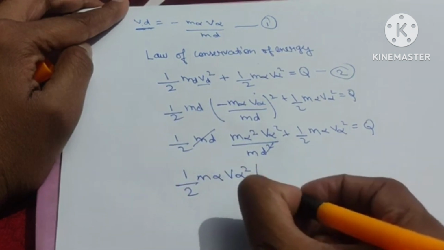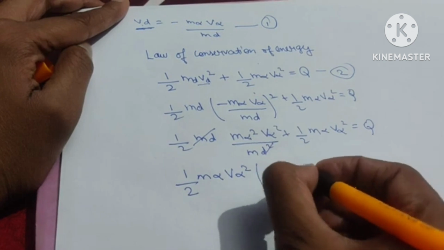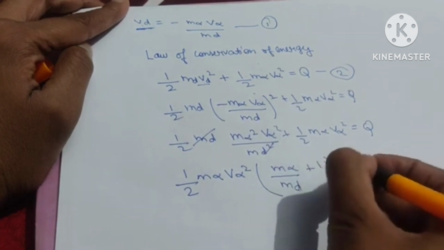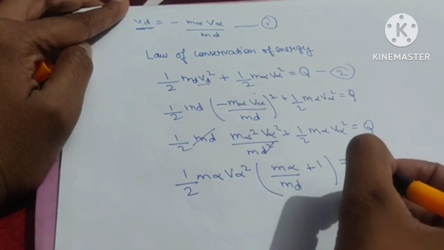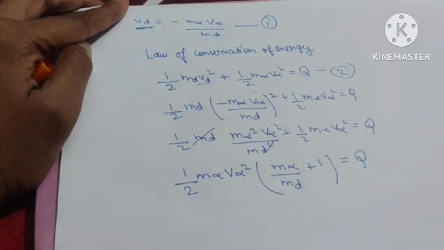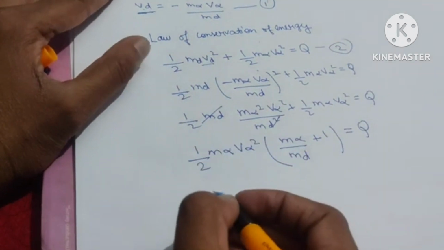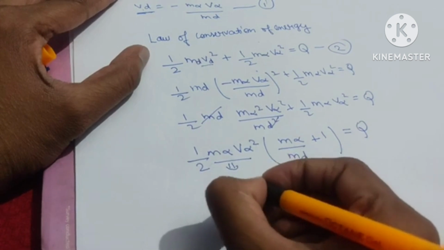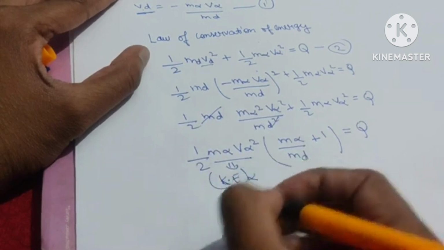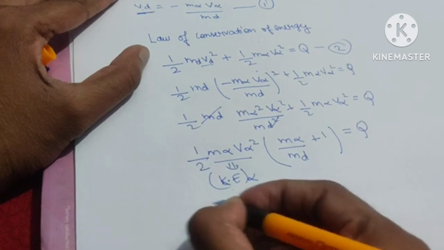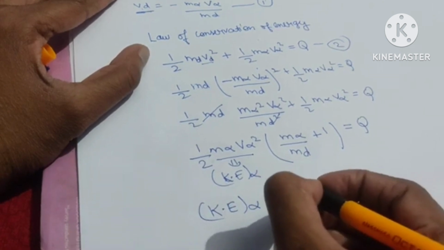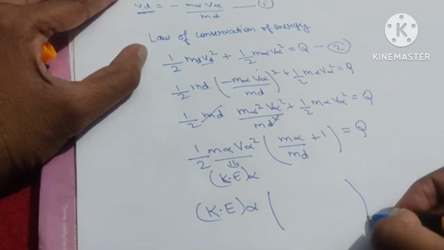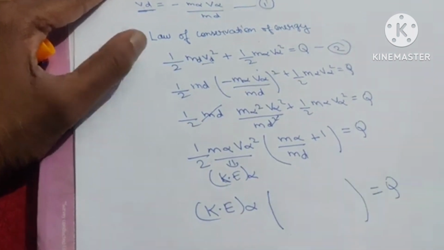So we're left with m alpha divided by md plus 1, equal to Q. Now we can term this as the kinetic energy of alpha, Ke alpha.